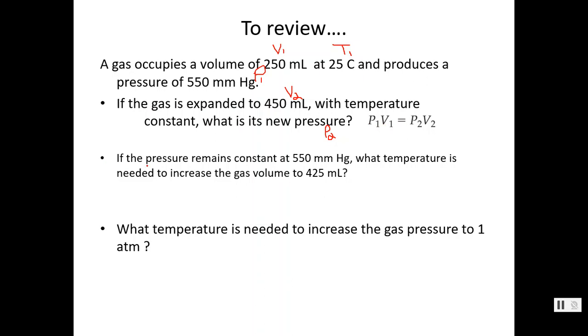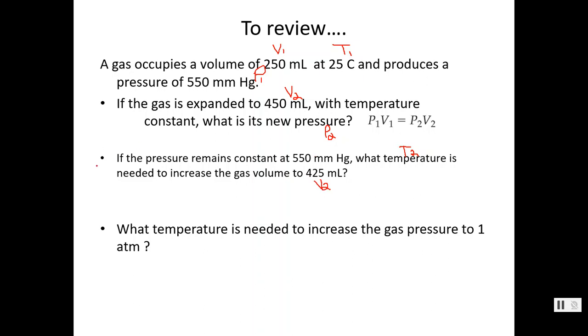For the second bullet, if the pressure remains constant, what temperature is needed? So I'm looking for a new temperature, T2. What new temperature is needed to increase the gas volume to 425 mL? So I have a new second volume.